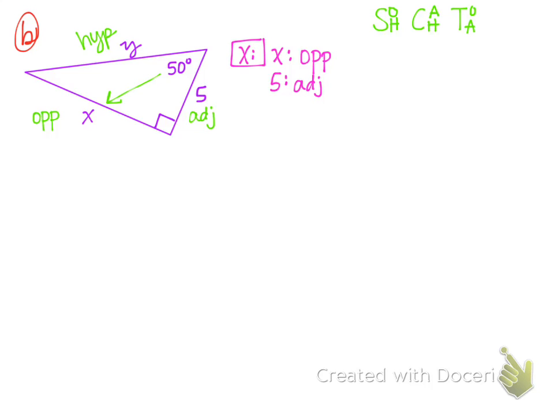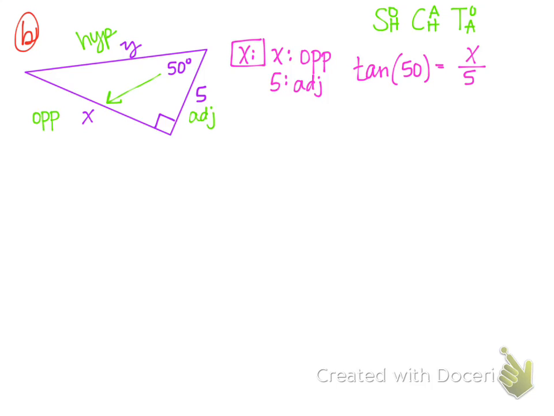Then we've got to decide which trig ratio has O and A in it. Which one has opposite and adjacent? That is tangent. So let's set it up. Tangent of our angle, and our angle in this case is 50, is equal to opposite over adjacent. So that's x over 5.